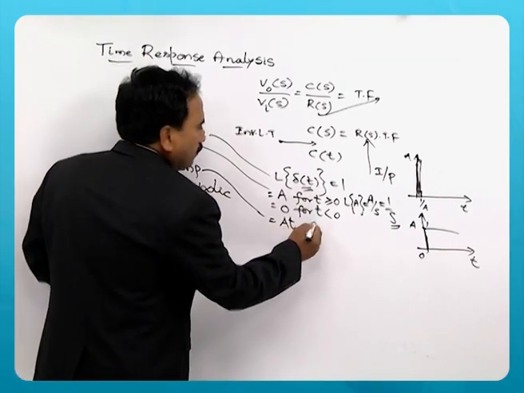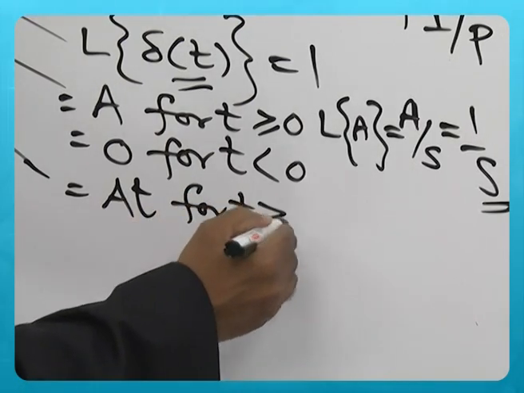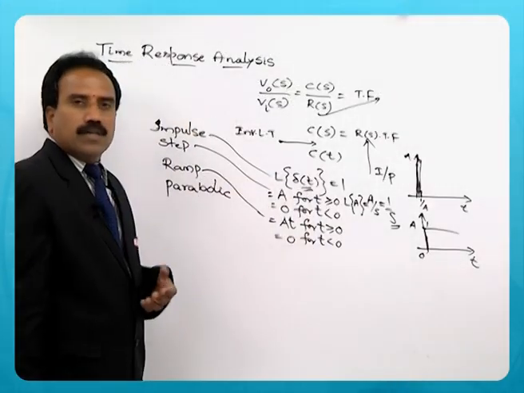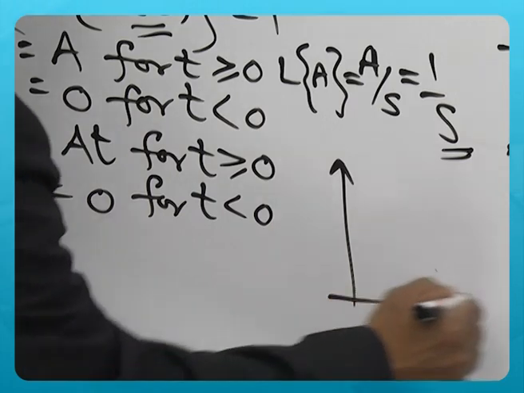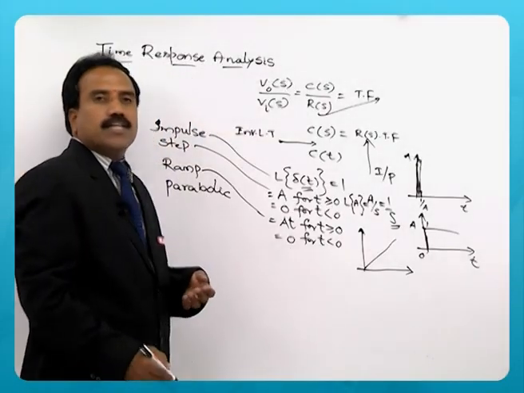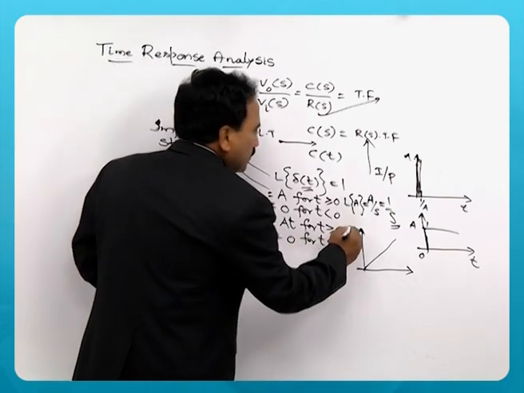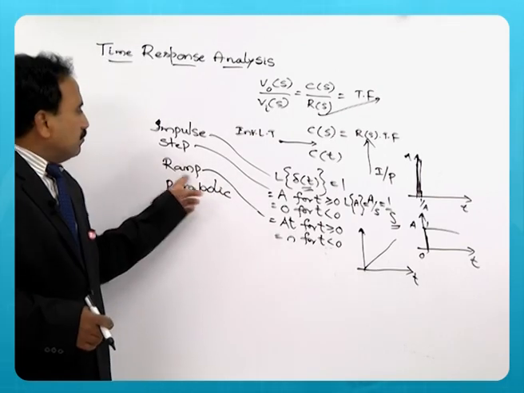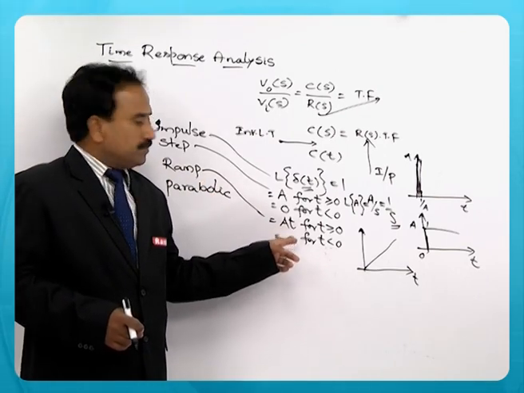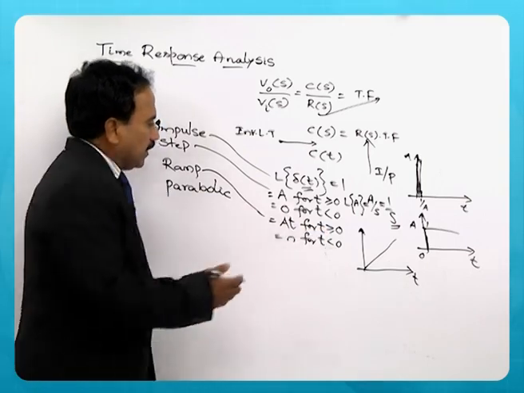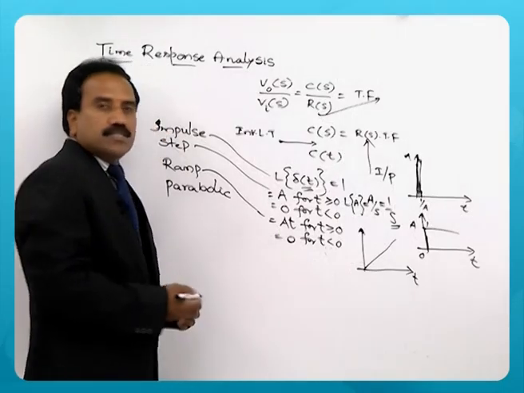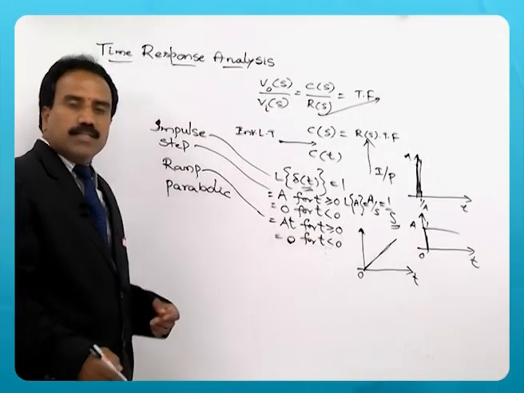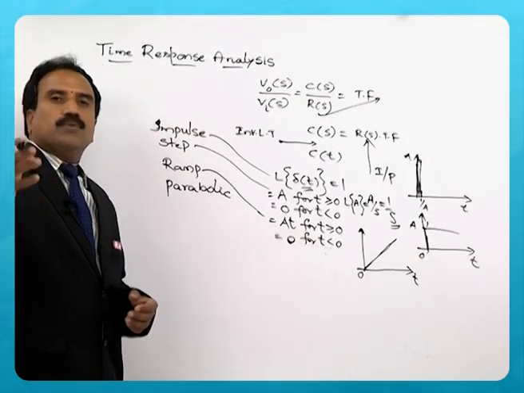Now, the ramp is given by A t. This signal exists for t greater than or equal to 0 and is 0 for t less than 0. The ramp is indicated by a straight line passing through the origin, and it varies linearly with respect to time.